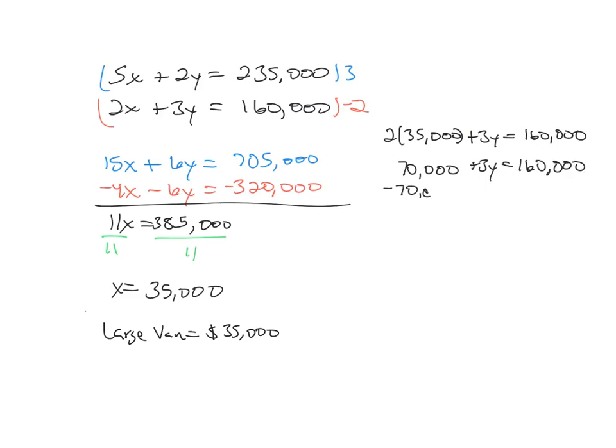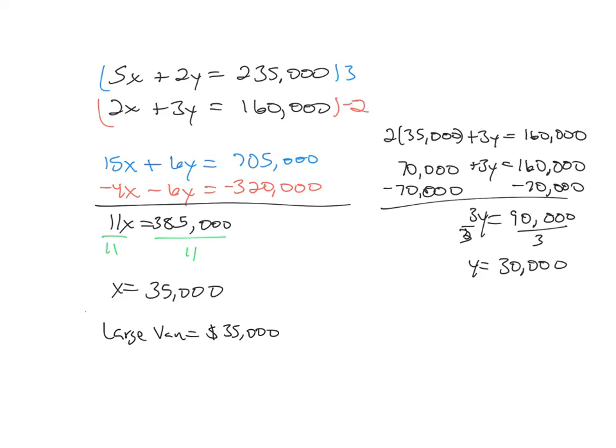Subtract 70,000 and divide by 3, and y equals 30,000. So that was for the small vans, $30,000.